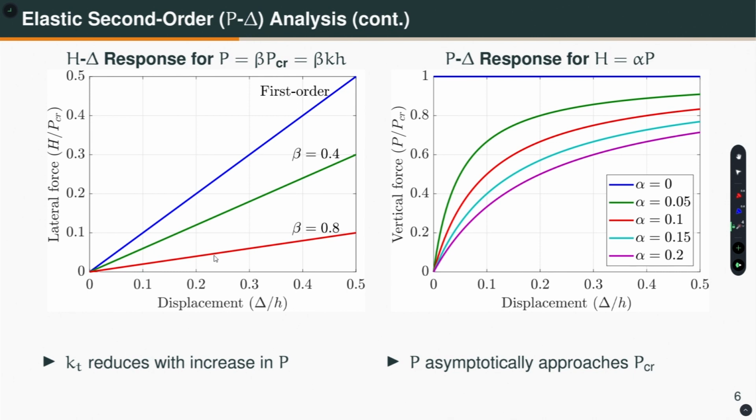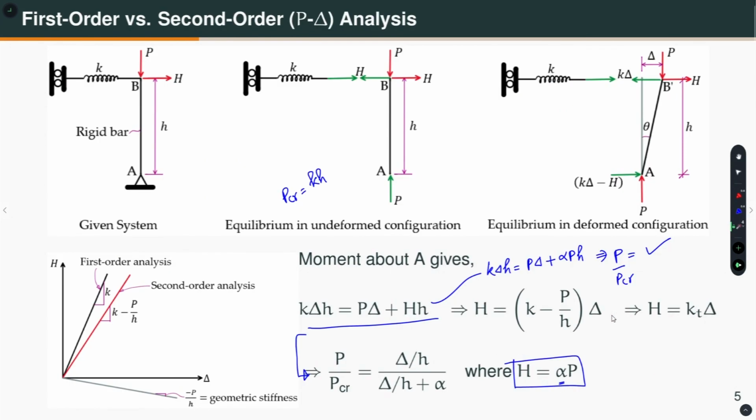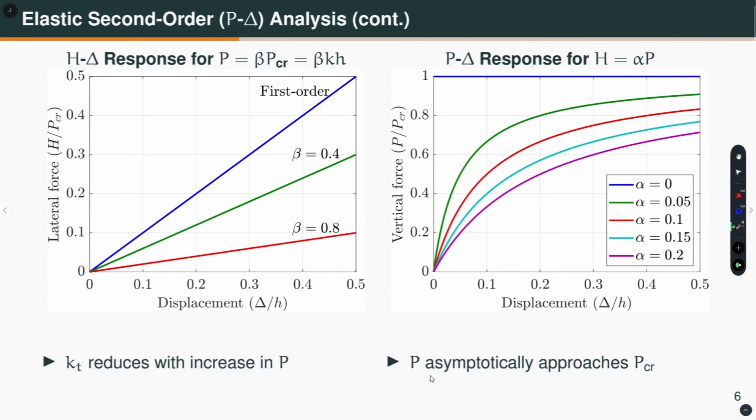Okay. Now, let us switch gear and look at the vertical load versus the displacement with some horizontal load. That means, I am now plotting this equation. P by PCR is delta by h divided by delta by h plus alpha for various values of alpha. What do we see?